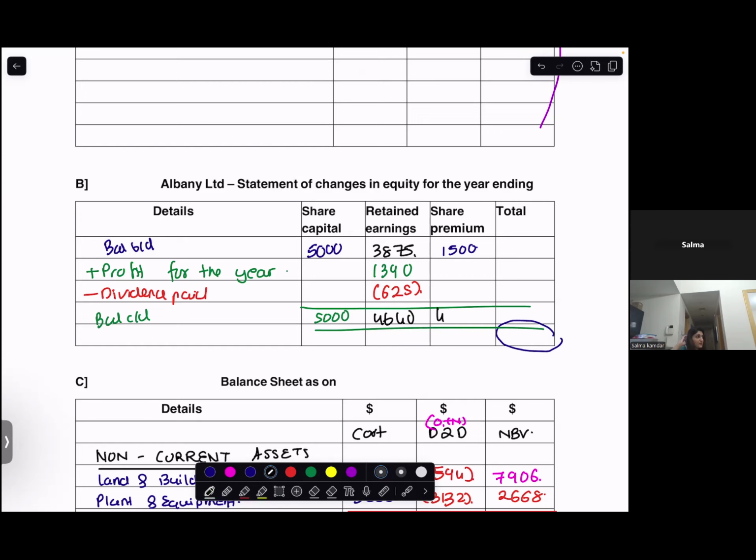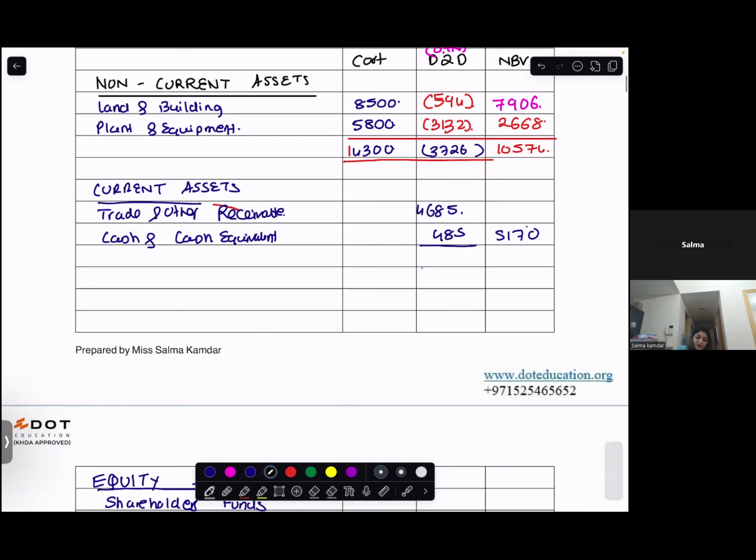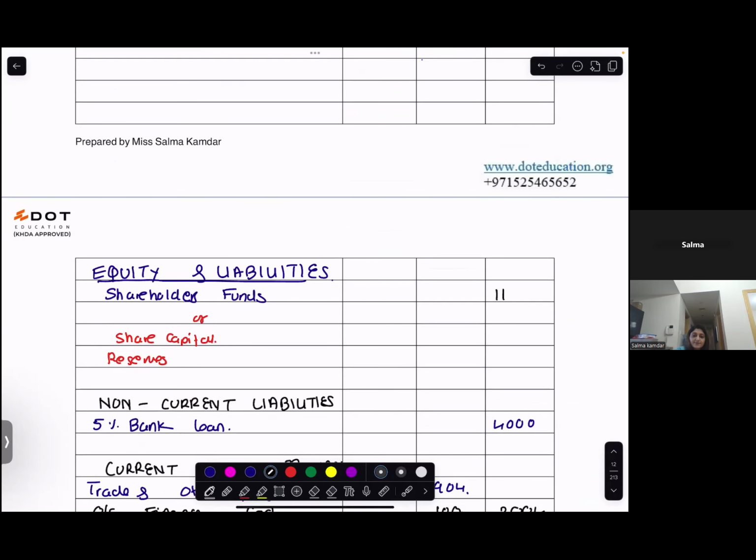Are you getting 4640? Okay. And your share premium is 1500. So your shareholders' funds would be 5000 plus 4640 plus 1500. So your shareholders' funds is 11,140. Are you with me? 11,140 would go in the shareholders' funds.